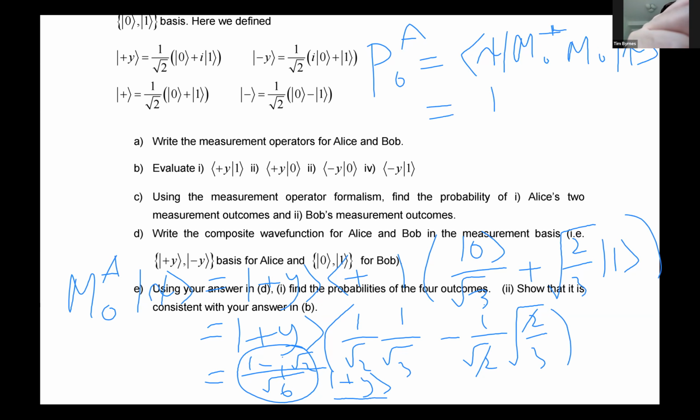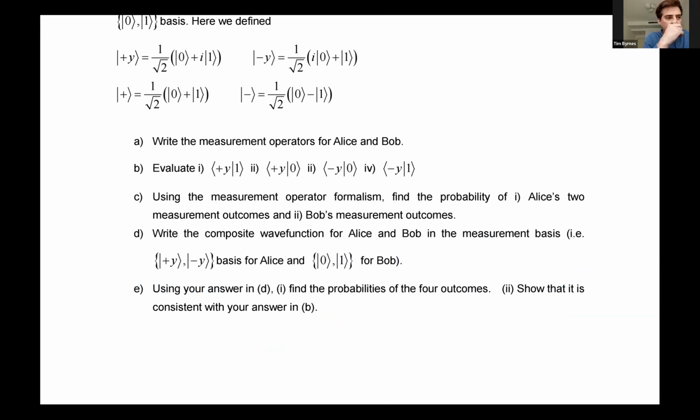And this should be 1 plus 2 over 6, right? So that should be half. And I think for Bob, it's something similar. So I think that part we've done many times.